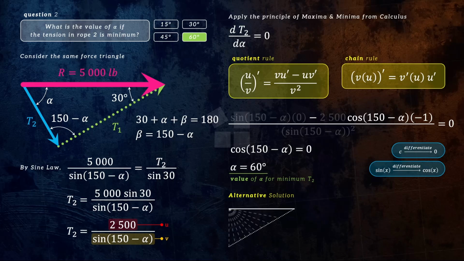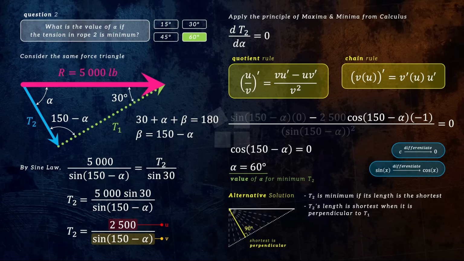By inspecting the developed figure, we can observe that the shortest possible faded white broken line is the one perpendicular to the white dotted line, creating an angle of 90 degrees. With this in mind, therefore, T2 is minimum if its length is the shortest, and T2's length is shortest when it is perpendicular to T1.